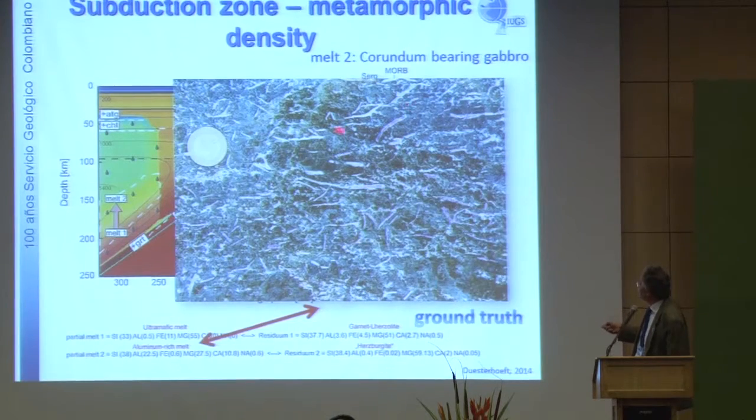All these crystals here are pure corundum. Unfortunately, it's corundum and not ruby. Also, it's pretty nice. So you see, there is ground truth. These types of rocks are produced, and of course, if they are produced, also exhumed. They're pretty rare. You have to find them, but they exist.